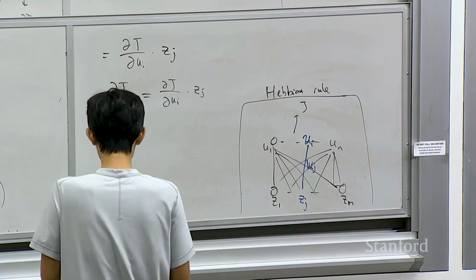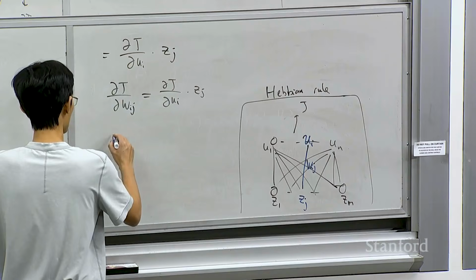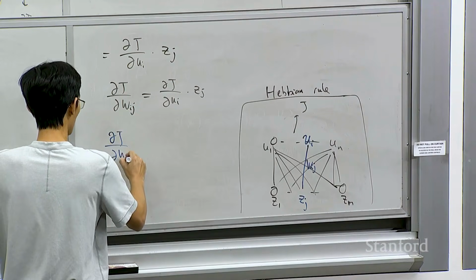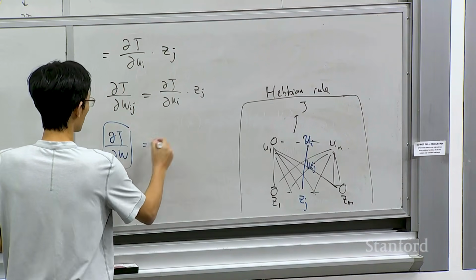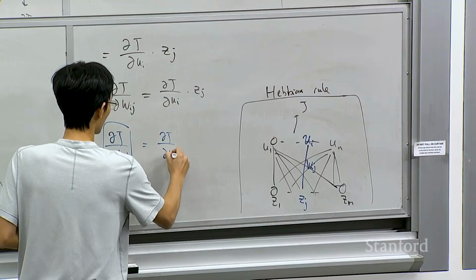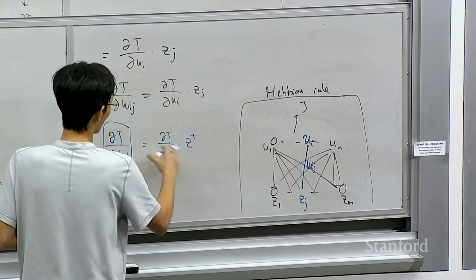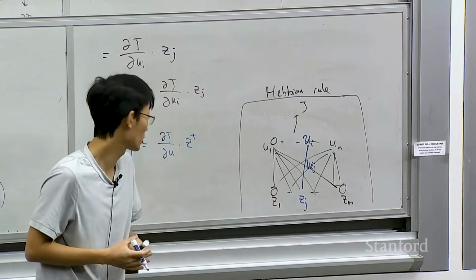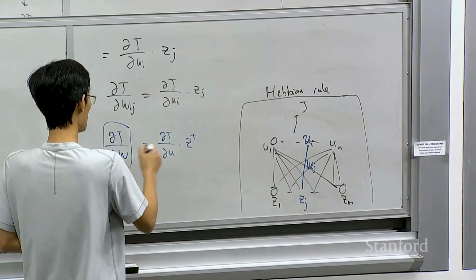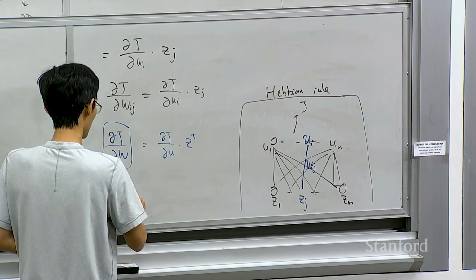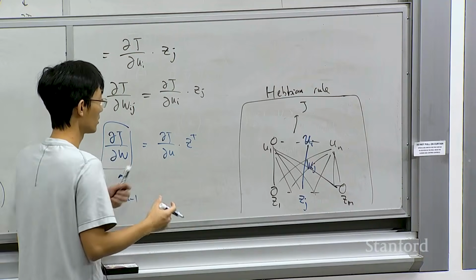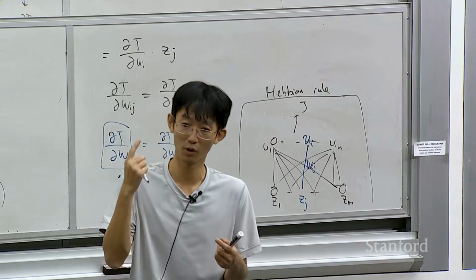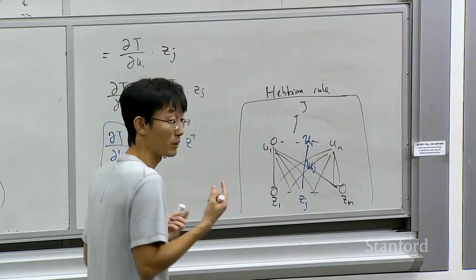And if you use matrix notation, if you compact everything into one matrix, it's really just equal to something like this times z transpose. What is interesting is that this is rank 1. So the gradient for one example and for one weight matrix is always rank 1.